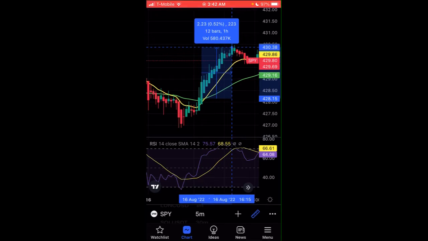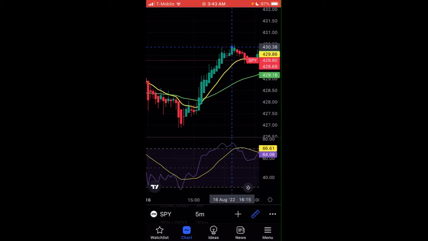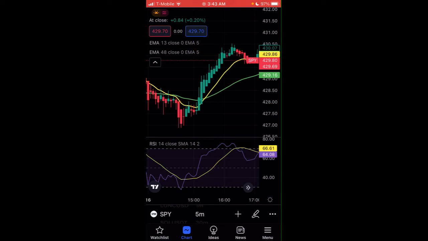So that's about, if you went in and did a call, for every dollar that it goes up, it's about $50. Depends on the stock, but I'm just giving you a rough estimate. You just made $111 like that. So let's check it again.